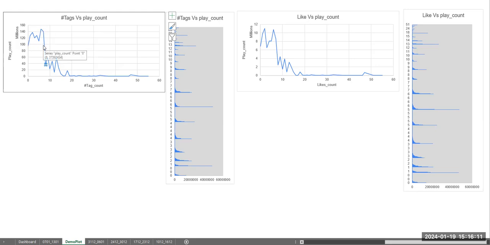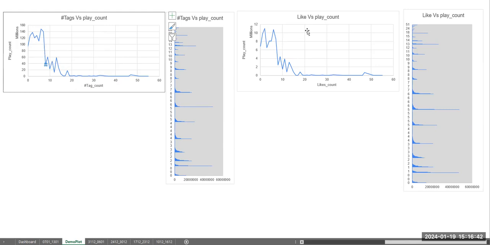From 8 to 15 hashtags we get up to 20 million play counts, and with more than 15 hashtags it's only in the hundreds of thousands, not millions. So you can summarize that with 8 hashtags we have the highest count. I hope this makes sense.